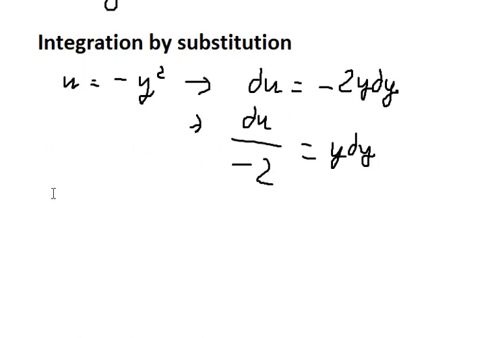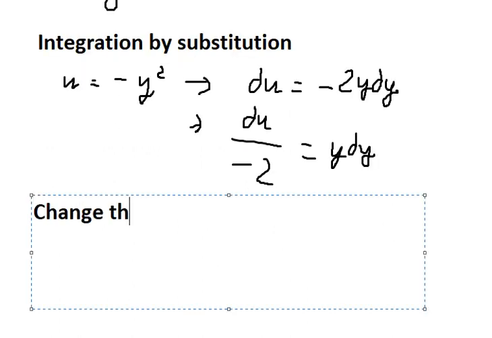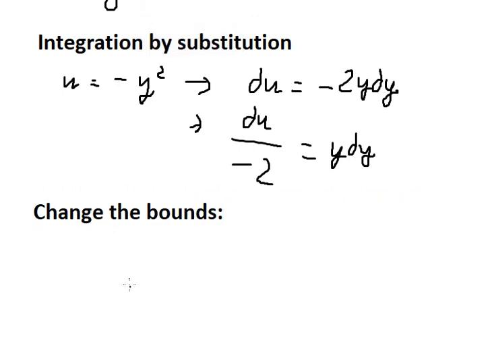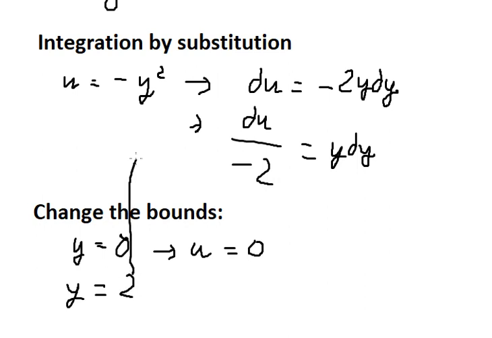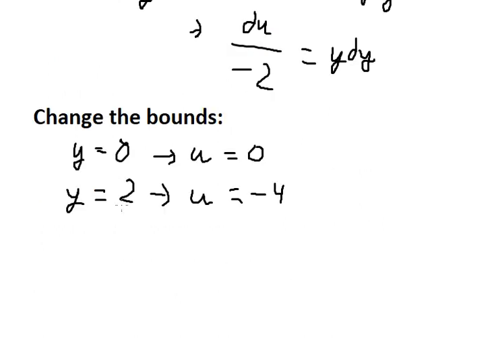And now we need to change the bounds. When y equals 0, we put 0 in here, and you get u equals 0. When y equals 2, we put 2 in here, and you get u equals negative 4.